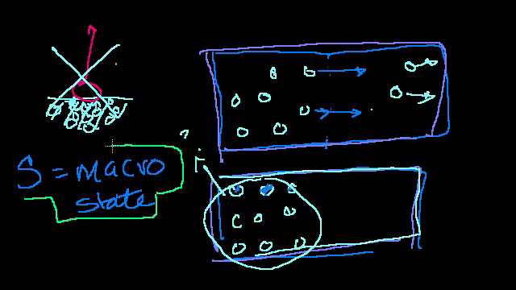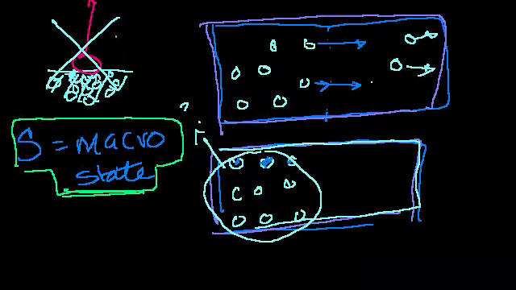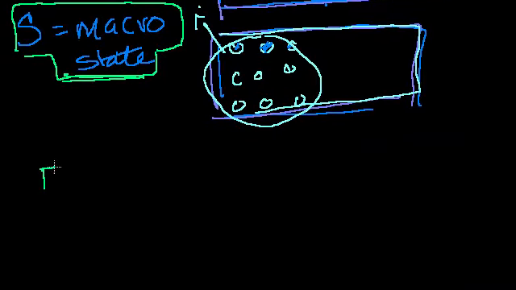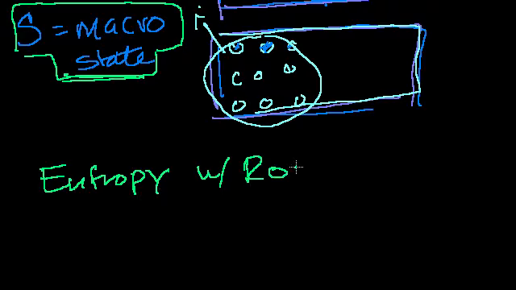When someone says that a dirty room has a higher entropy than a clean room, they're looking at the microstates. But entropy essentially is a macro state variable. You could just say that a room has a certain amount of entropy, so entropy is associated with the room. And it's only useful when you really don't know exactly what's going on in the room.